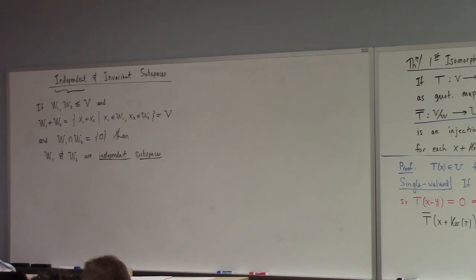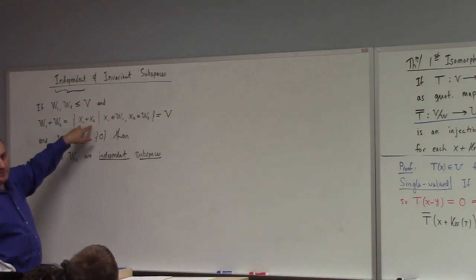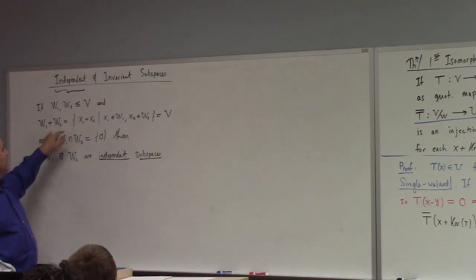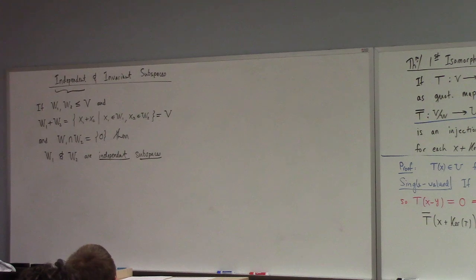The union of W1 and W2 is a subset of W1 plus W2, because of course you can take the particular case where x1 or x2 is 0. So it is somewhat obvious that the union is a subset of this. Is it a generating set? Yeah, I think so, in the case that their sum is V. So that's what we mean by two independent subspaces.